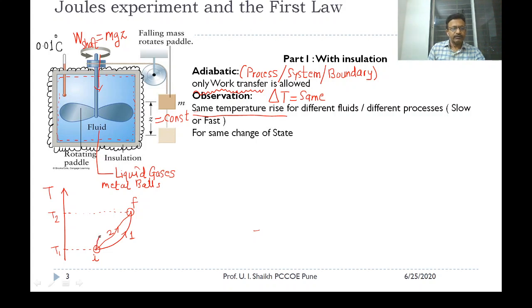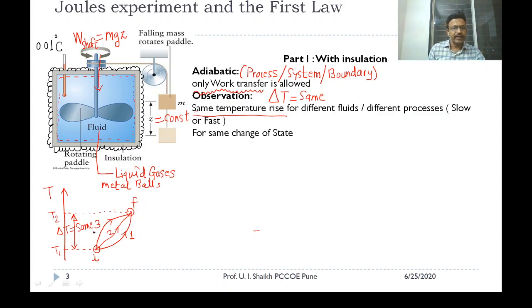Some of the fluids may change their state by following path 3 as per their properties. But whatever may be the type of path followed, the change in temperature delta T was observed to be same.